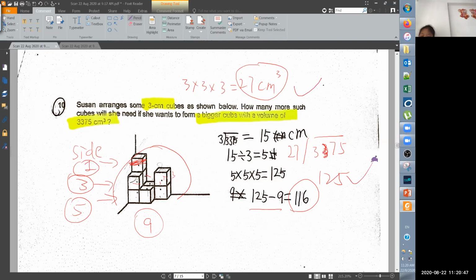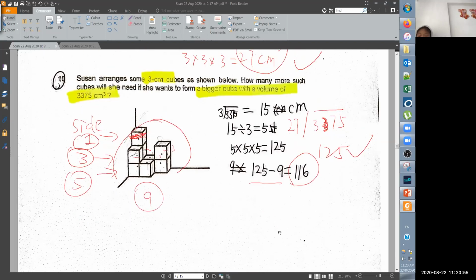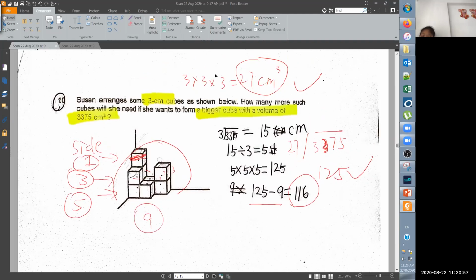You do it this way. 好，OK。By the way, what you need to do is write down the unit here.